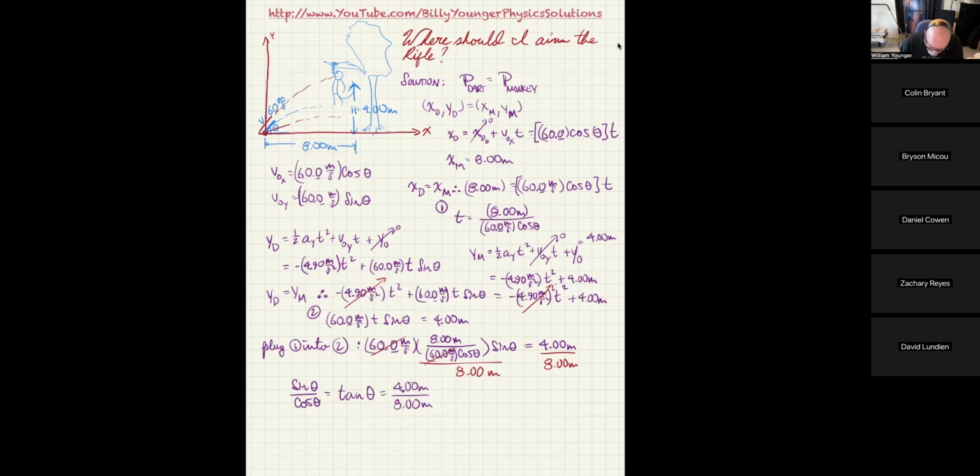And I think you can tell, given this triangle right here, that this angle right here, theta, is aiming directly at him, because you can see tangent theta equals opposite over adjacent, and the opposite is 4 and the adjacent is 8, and that happens to be exactly how high up he is, 4 meters, and exactly how far over he is, 8 meters. Therefore, you aim directly at the monkey.